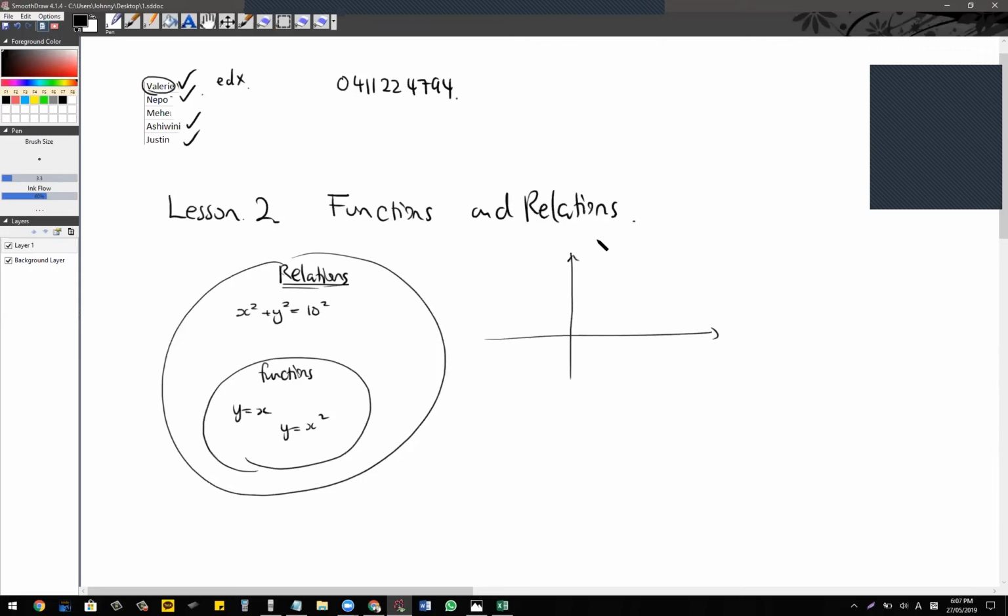So there's something called a one-to-one function. A one-to-one function looks like this. It is either monotonically increasing, which means always increasing. So one-to-one function, you can write this down, is always increasing.